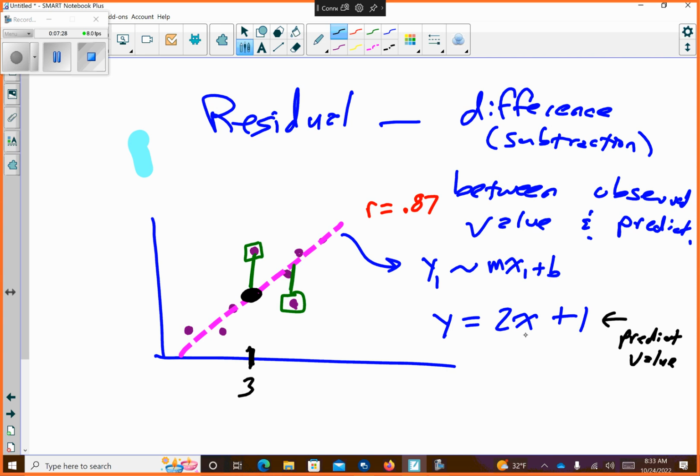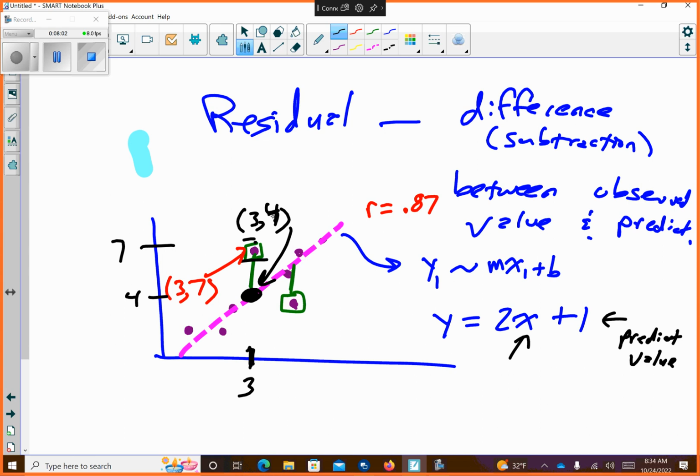If I plug in 3 for x, I would get that this is at (3, 7). But the actual data point itself is, let's say, at (3, 4).